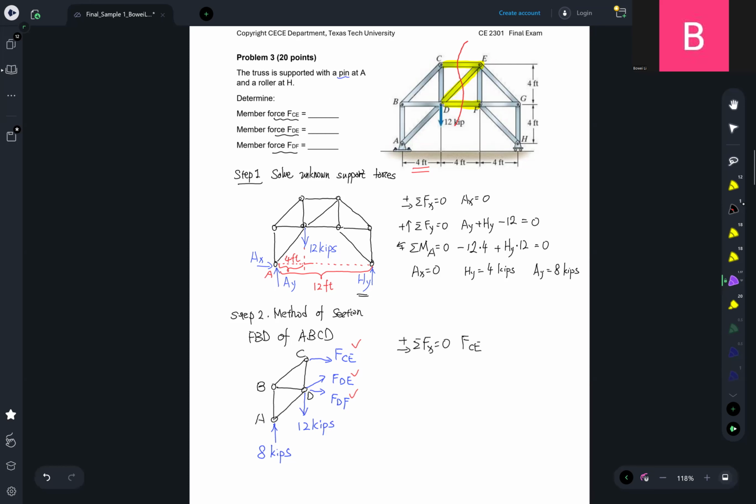That would require us to make use of the information of the geometry of the structure. Please note that DE here belongs to the triangle DFE, right? We have DF equals 4, and EF equals 4.